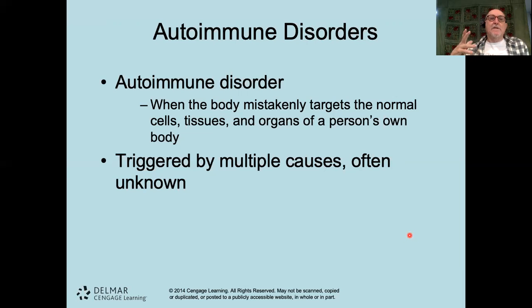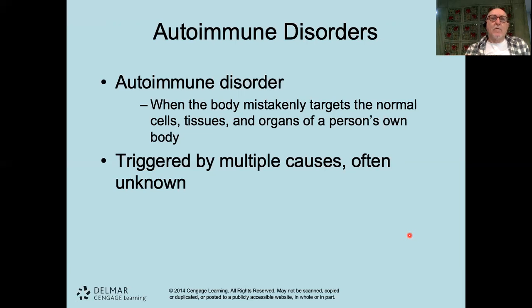Sometimes, for example, it's thought that the adaptive response is responding to particular cells that are infected with a virus or whatever. The infection ends and the body keeps on attacking those cells. That is one theory about how it might work.